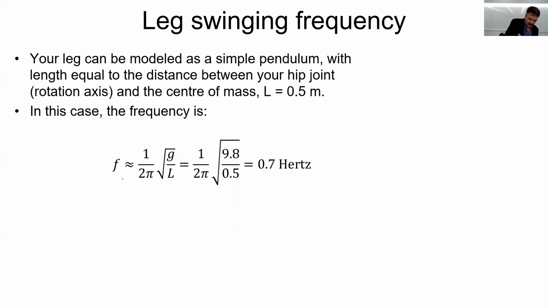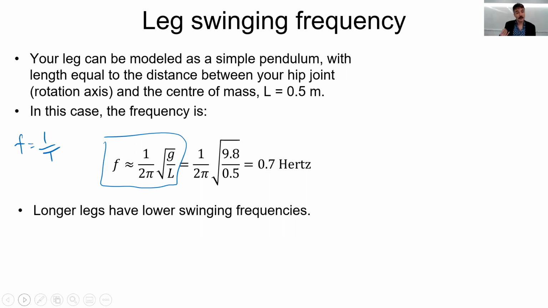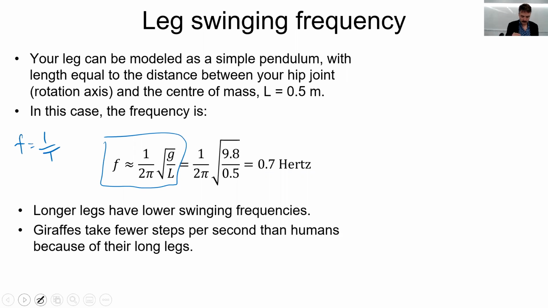And this is, remember, f is equal to 1 over T. So the equation for frequency is 1 over 2 pi times the square root of g over L for a pendulum. If you have longer legs, you'll have a lower frequency of your walking pace.